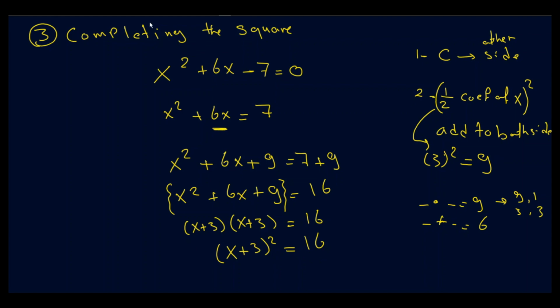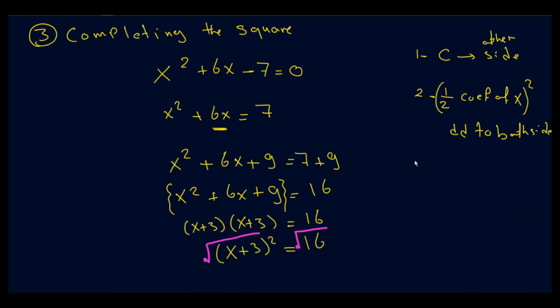Take square root for both sides of the equation, square root of this and square root of this. So we're gonna have x plus 3 is equal to square root of 16, which is 4 or -4. So we can say positive or negative 4. So we're gonna solve this equation in terms of positive and in terms of negative.